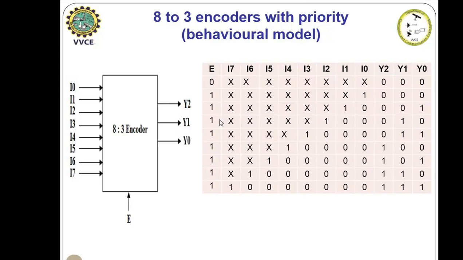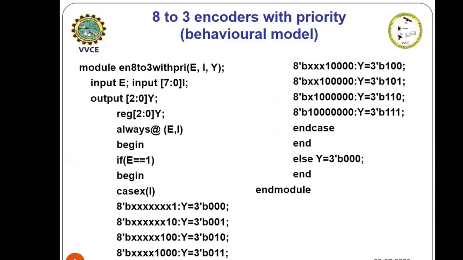Similarly, when my input I2 is high with I1, I0 0, 0 and rest of the other inputs don't care, my output will be 0, 1, 0. So it continues in this way. Okay, now using this truth table, I need to write a behavioral code for 8:3 encoder with priority. Now we look at the code of 8:3 encoder with priority.